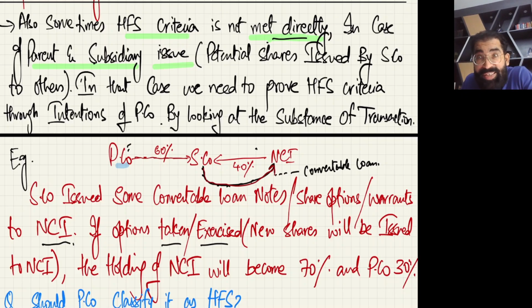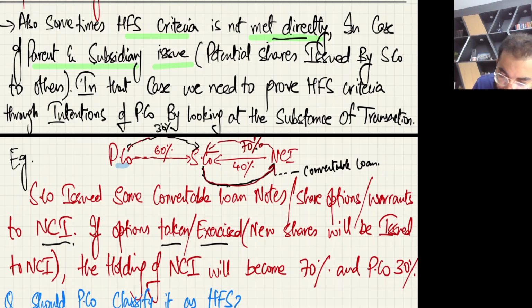So when these convertible loan notes are converted into ordinary shares, there will be a new holding percentage. The new holding percentage will be 70% with NCI and 30% with P. When these convertible loan notes are converted into ordinary shares, NCI will have more ordinary shares.